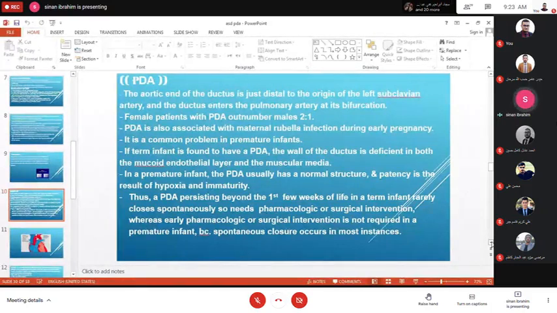Because of this difference in structure, a PDA persisting beyond the first few weeks of life in the term infant will rarely close spontaneously. So we need pharmacological or surgical intervention, whereas early pharmacological or surgical intervention is not required in premature infants because spontaneous closure occurs in most instances.